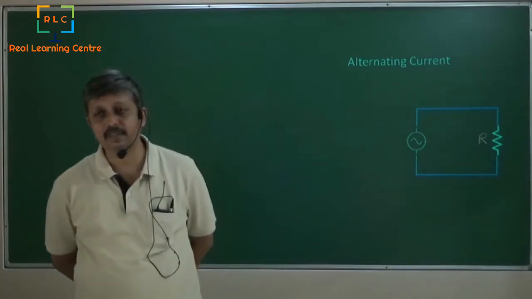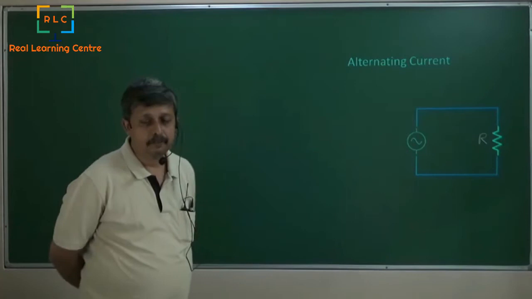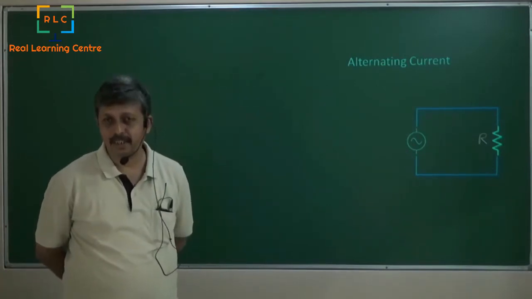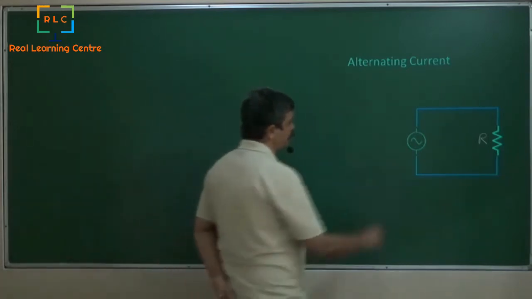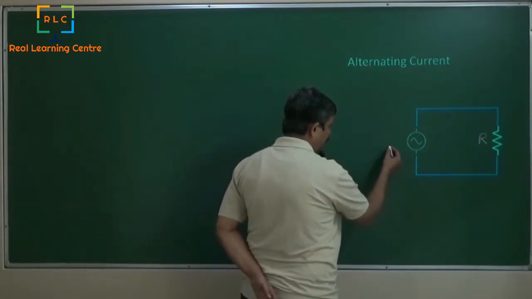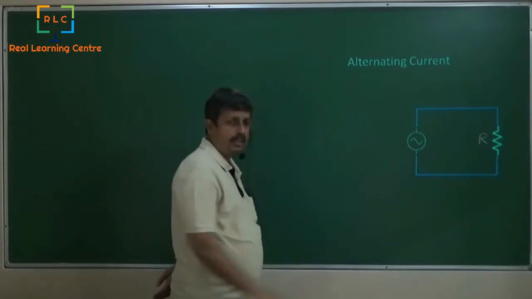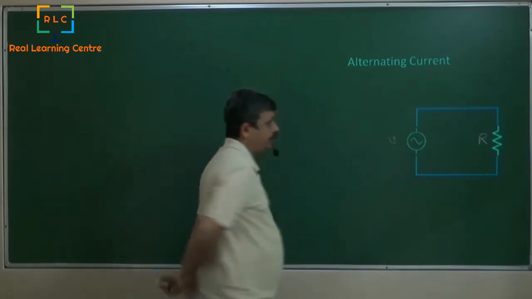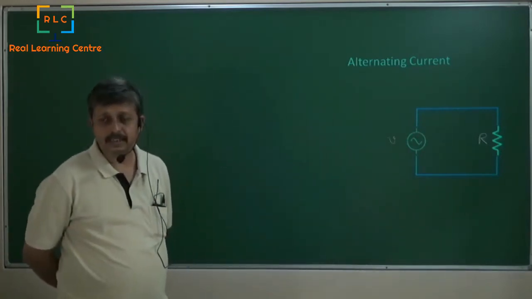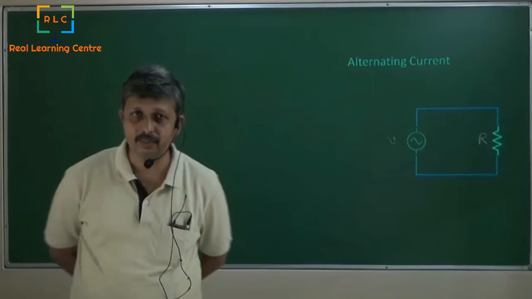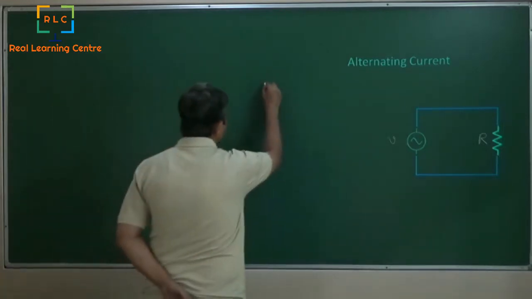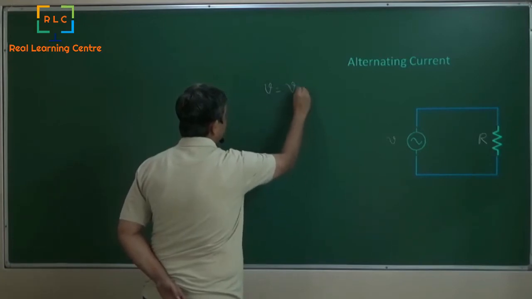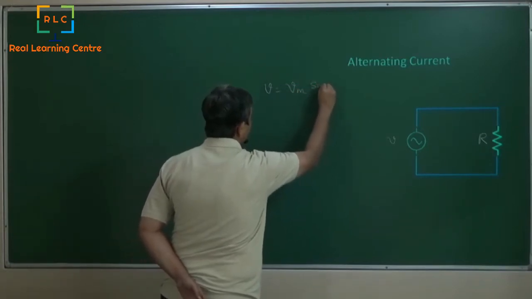So there is not much difference, and we'll see what that means. Here, let us say this is our voltage, I will call it V. But in this case, V is not just one constant value. So we will say V is equal to Vm sine omega t.